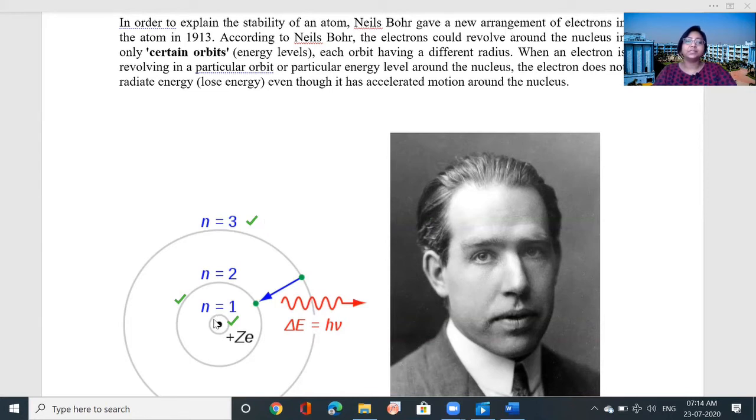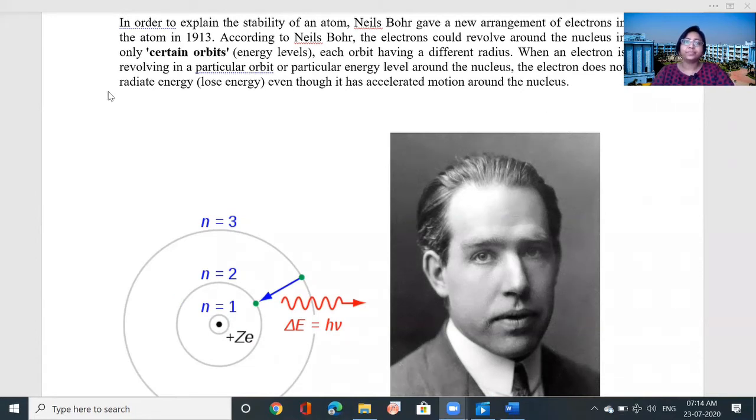When it is closer to the nucleus, it is at a lower energy level, and if it is far from the nucleus, it is at a higher energy level. And this delta E is equal to h nu.